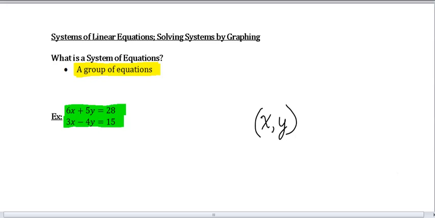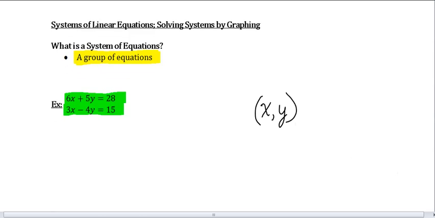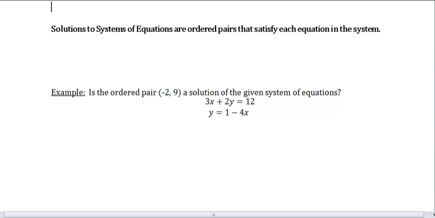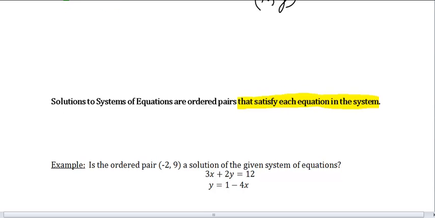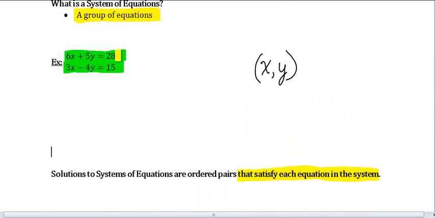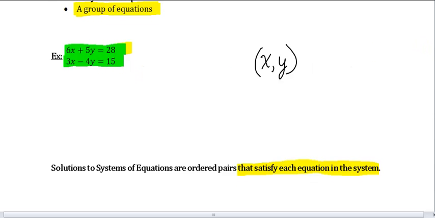So solutions to systems of equations are the ordered pairs that satisfy, and this is the important part, each equation in the system. It can't just work for one equation, it has to work for both. So it has to satisfy both of those equations.